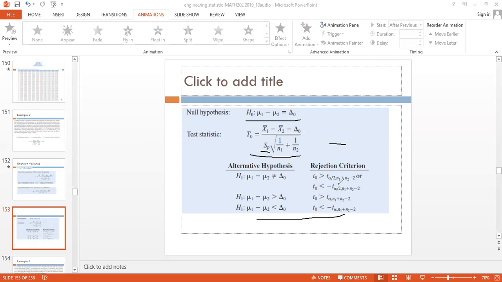But take note, the degrees of freedom is going to be n1 plus n2 minus 2. That is what we have to take note of. But you take into consideration the sign on the alternate hypothesis to determine whether it's a left-tail, right-tail, or two-tail test.